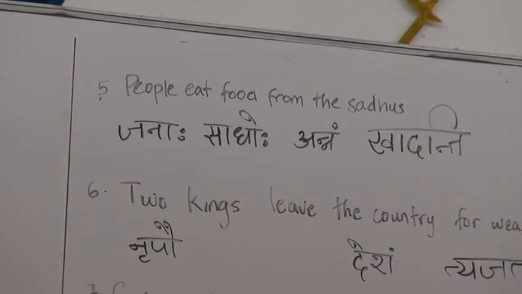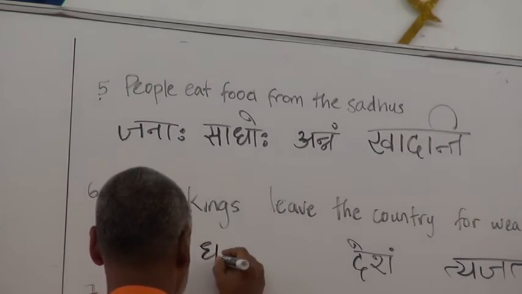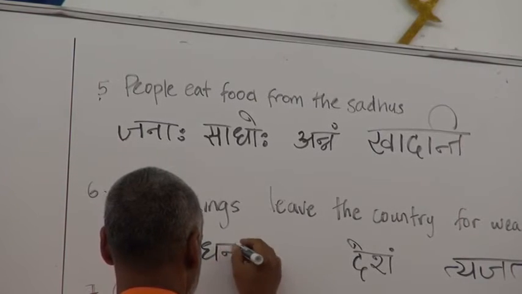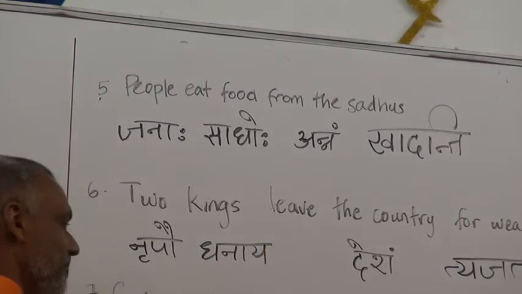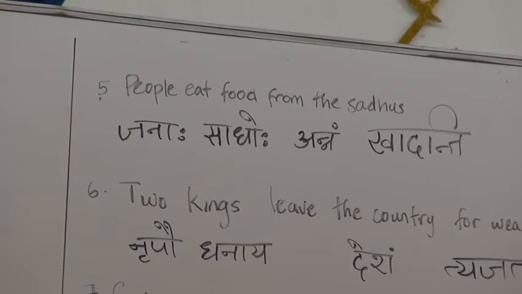And now it's also telling for what reason. Dhana. Dhanaya. What if you put fifth case now? You have a choice. In those types of sentences, if you use fifth case, you're okay also.